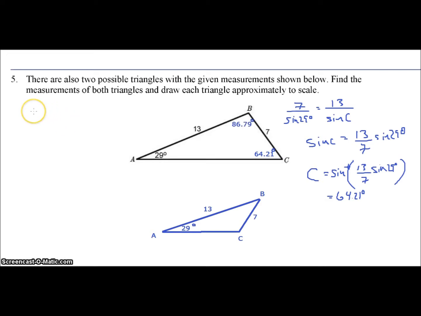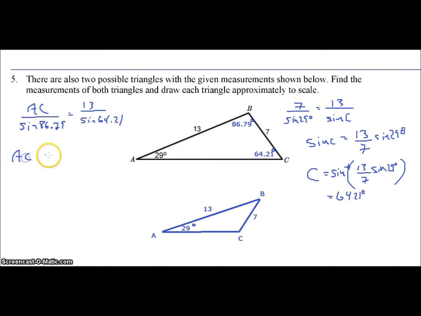So then, let's see, AC over 13, no, that's not it. AC over sine of 86.79 will equal 13 over sine of 64.21.